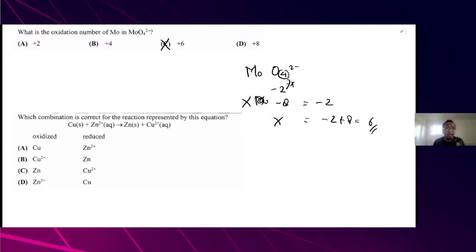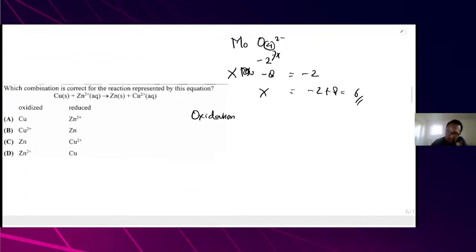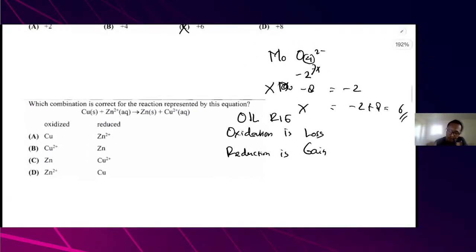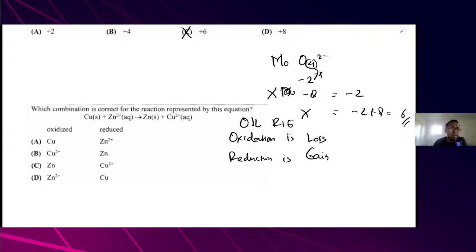OIL RIG helps us: oxidation is loss, reduction is gain. Loss of what? Electrons. Oxidation is loss of electrons, reduction is gain of electrons.